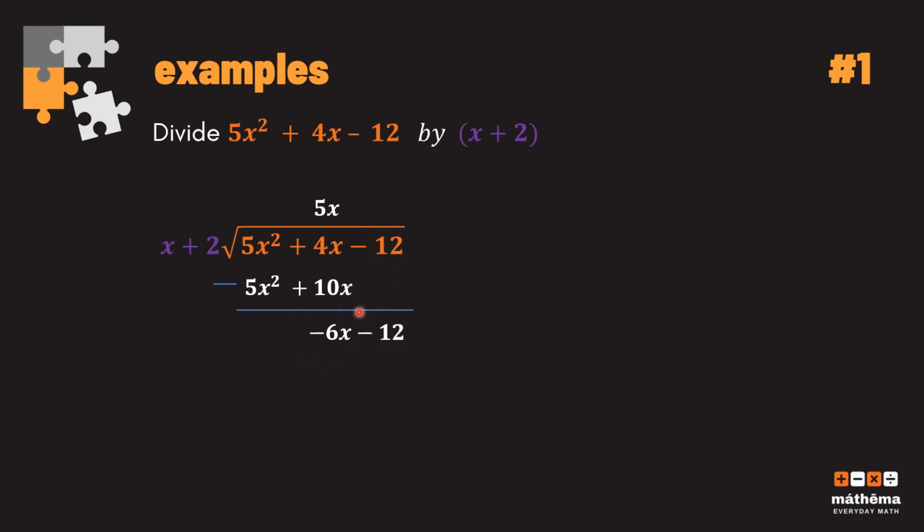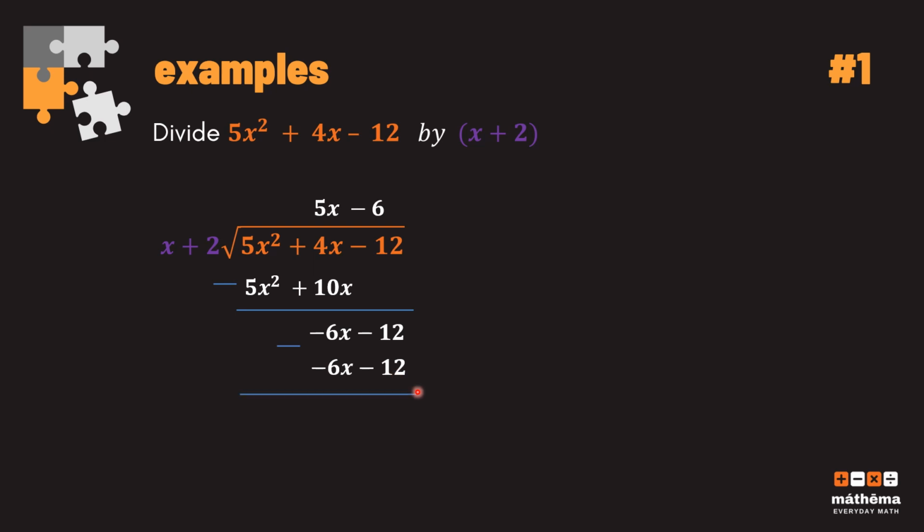Again, first term divided by the first term of our divisor. So negative 6x divided by x will give us negative 6. The same process, negative 6 times x will give us negative 6x. Negative 6 times 2 will give us negative 12.